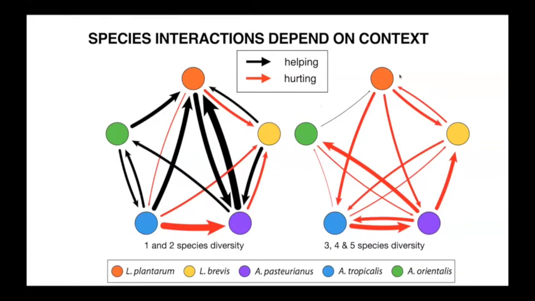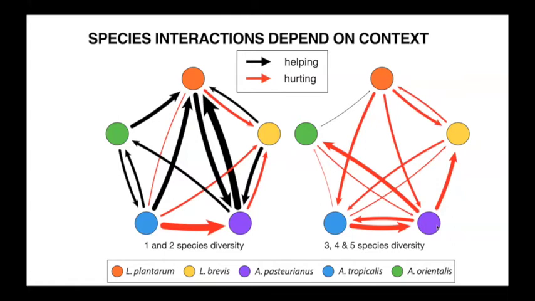So the same kind of thing would be happening in a microbiome, and we see these context-dependent interactions. That's important because there are potentially genes that are expressed when the microbiome composition changes, so gene expression programs could come on and off.